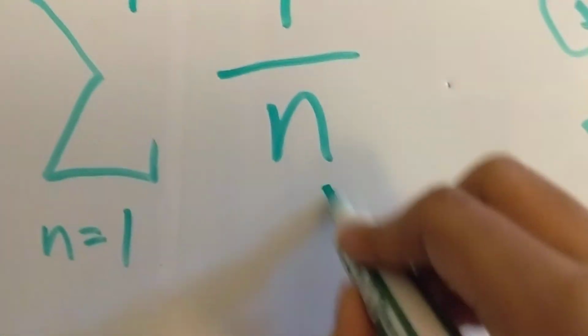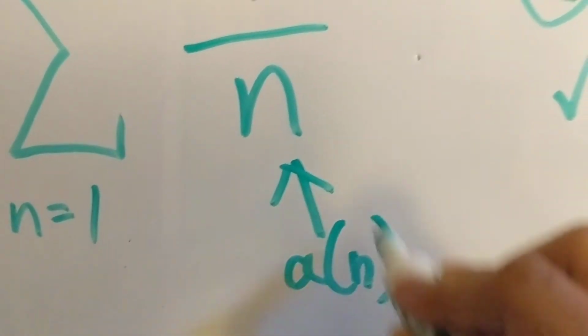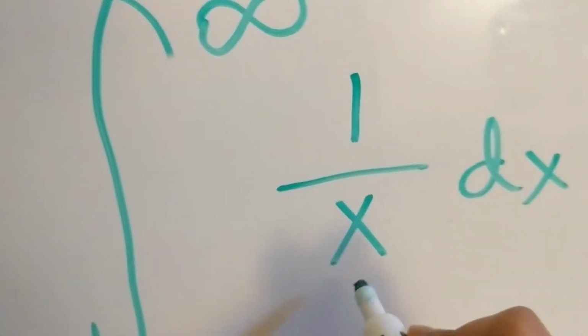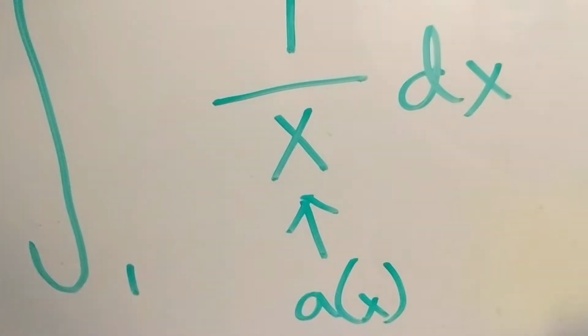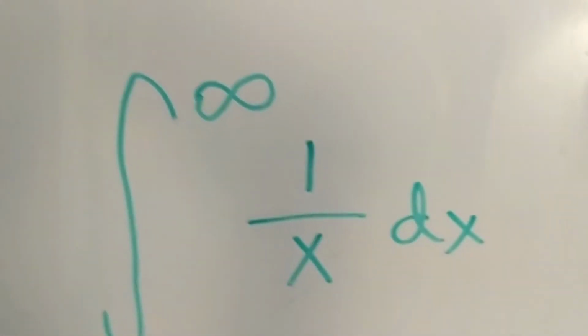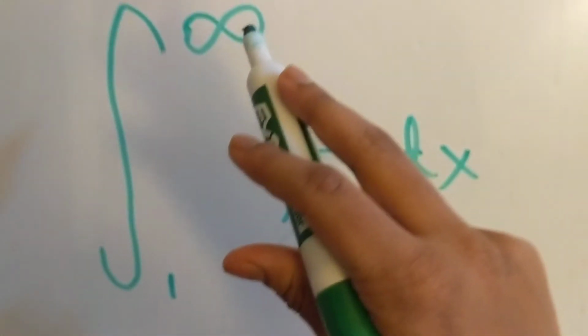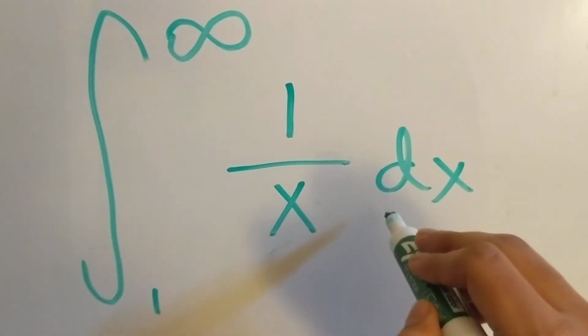We could have written this as a of n, and here it's just a of x, pretty much just a different variable. You could use n, but typically it's discouraged to use n here. So we have the integral from 1 to infinity of 1 over x dx.